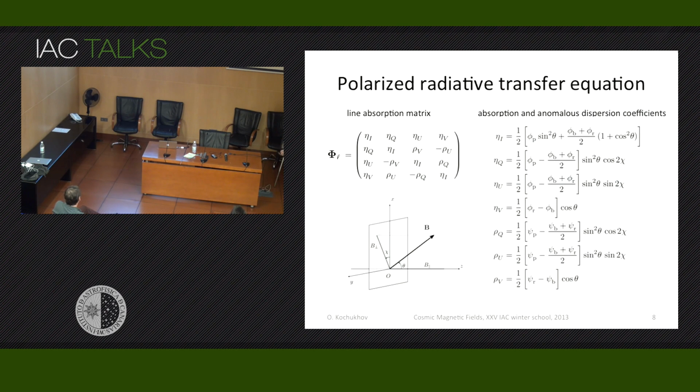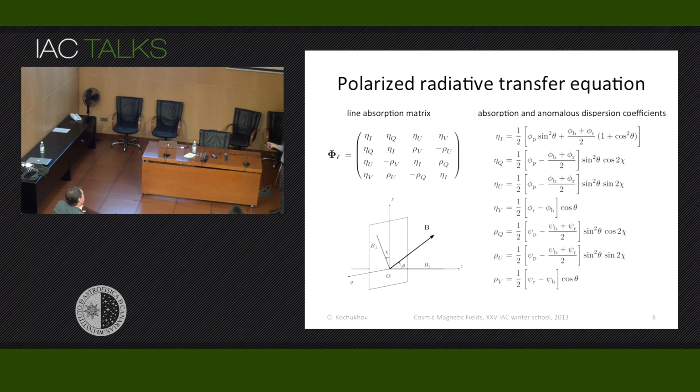So what are these etas and rhos? How are they related to actual spectral lines? Well, to understand that, first let me define the coordinate system that I'm using, where I define angles entering these expressions.